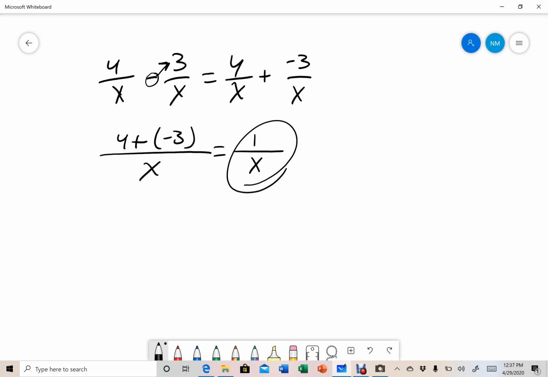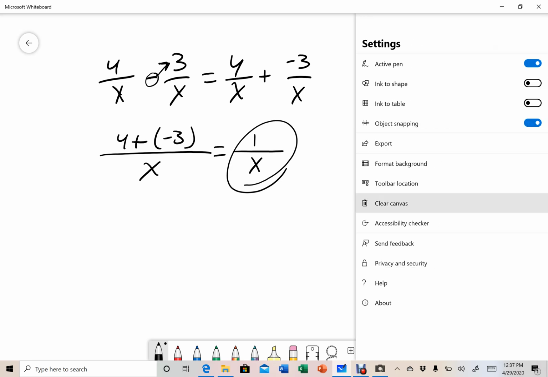All right, let's try another one so we can get this down in our head of how to change our subtraction sign to an addition sign. So if I have 3x over x plus 1 minus 4 over x plus 1, I'm going to apply this negative sign to my 4, and I'm going to add a plus sign between my fractions.